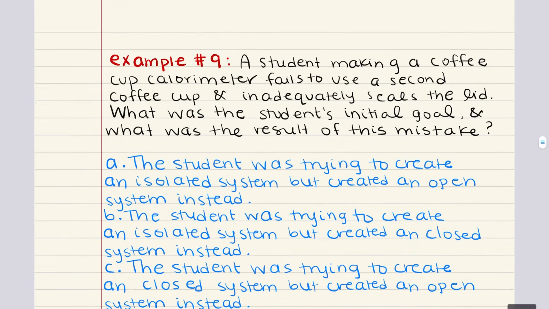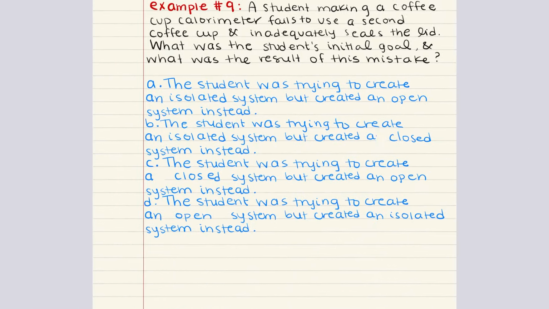Moving on to problem 9. Problem 9 says, a student making a coffee cup calorimeter fails to use a second coffee cup and inadequately seals the lid. What was the student's initial goal, and what was the result of this mistake? A says the student was trying to create an isolated system, but created an open system instead.